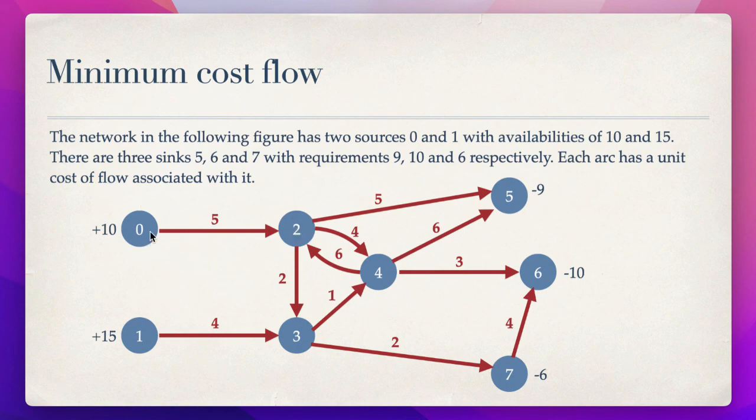For example, we have node 0, node 1, node 2, node 3, 4, 5, 6, 7, and we have source entering, feeding into our network through node 0. The amount of the material flow through node 0 is 10. Okay, plus 10 through this node, and 15 through this node.